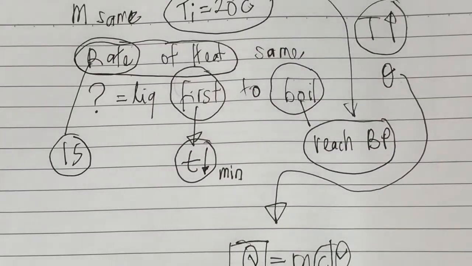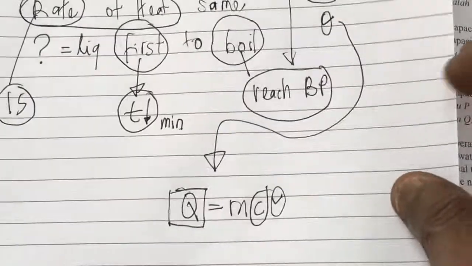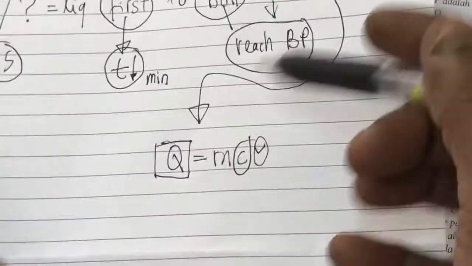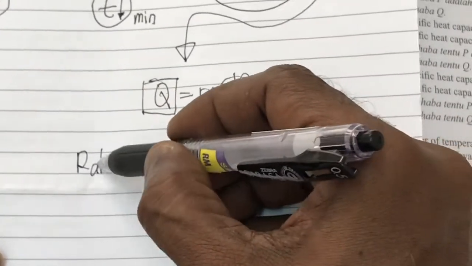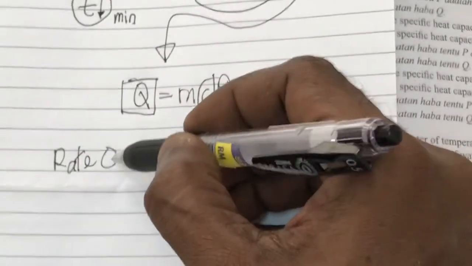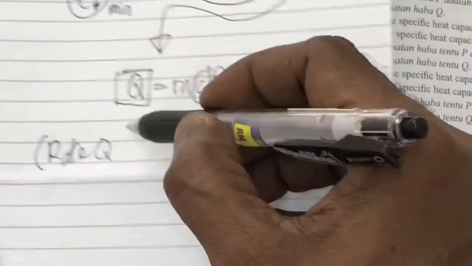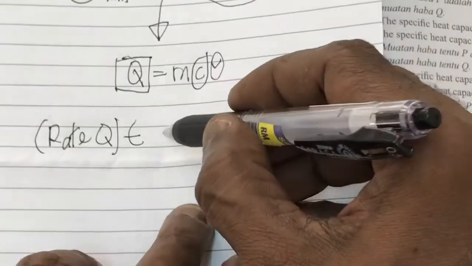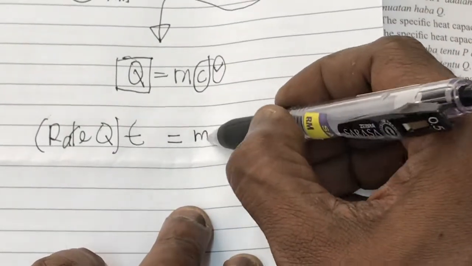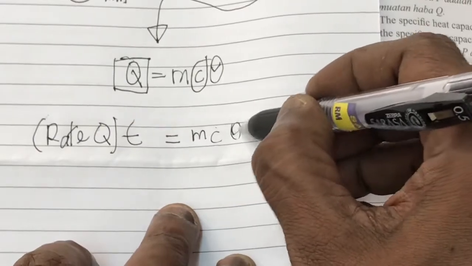Which means this total heat must be the rate of heat, I put Q dot, times the time, which equals mc theta.